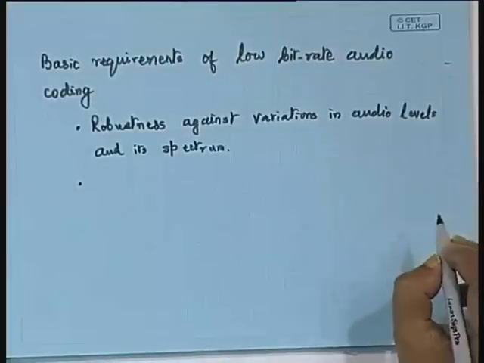And then this kind of digital audio we are also using for the mobile communication. So, when we are using the digital audio for mobile communication, it may be subjected to some burst error conditions. So, the audio coding must be robust against such burst errors.